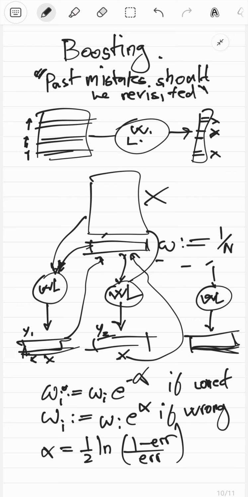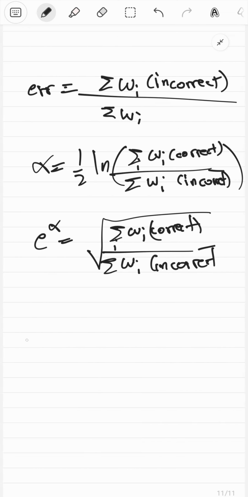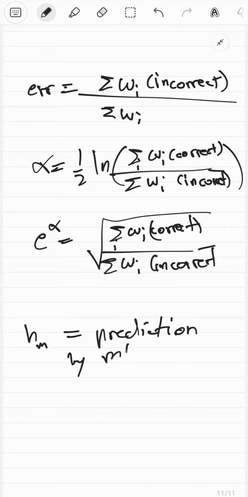Instead, for predicting on the real world or the test data set, we would do something like this. Suppose that Hm is the prediction by the mth weak learner on the test data set.